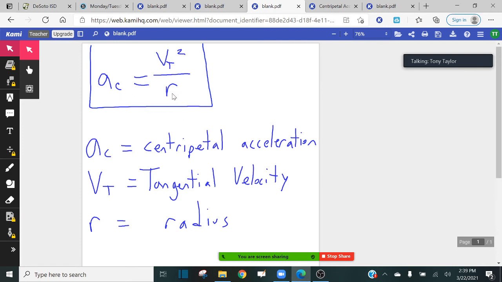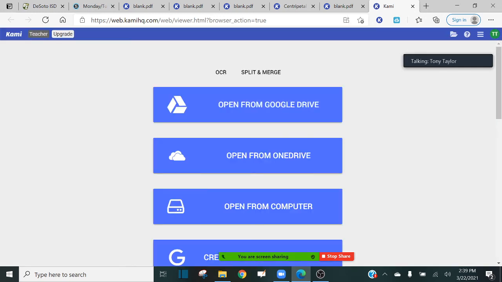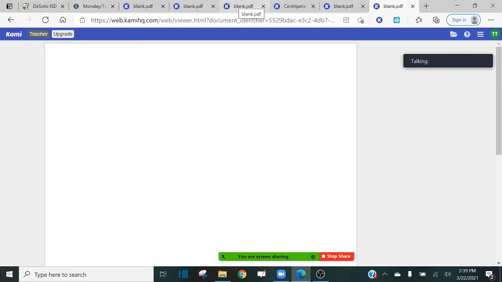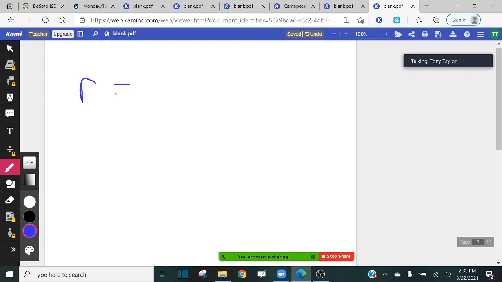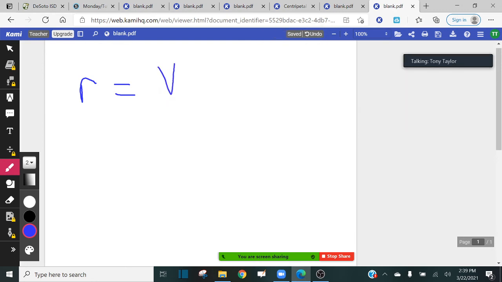In other words, I want to get r by itself. r would be equal to the tangential velocity squared divided by the centripetal acceleration.